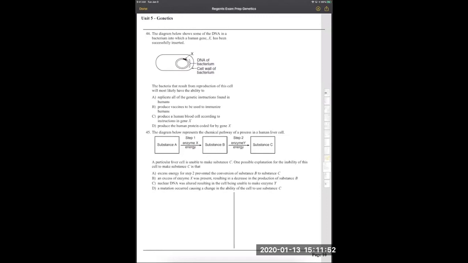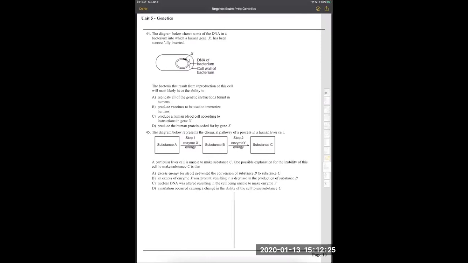D definitely talks about production of the human protein coded for by gene X. I think you remember one of those questions about insulin, where genetic material coded for insulin would be inserted into bacteria so that the bacteria would produce insulin, the human compatible insulin. Okay?